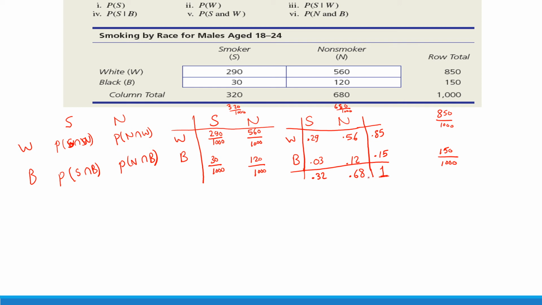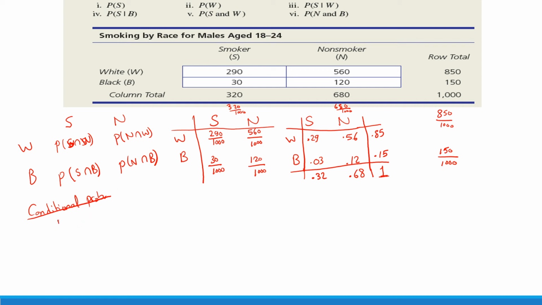If we want to calculate the conditional probability, here we want to know: if we select an observation at random, what's the probability that he is a smoker given he is white?